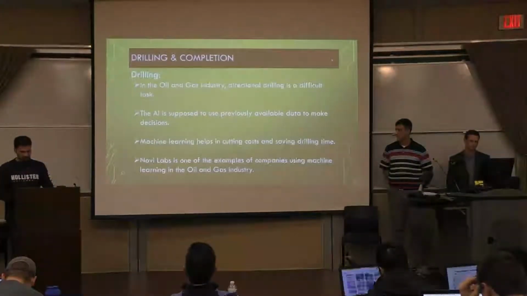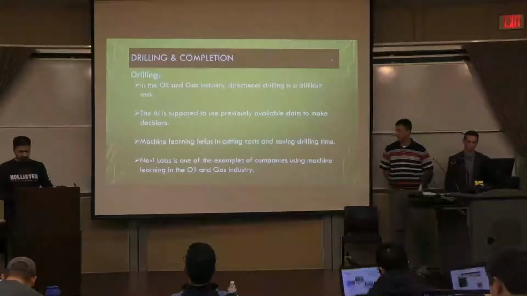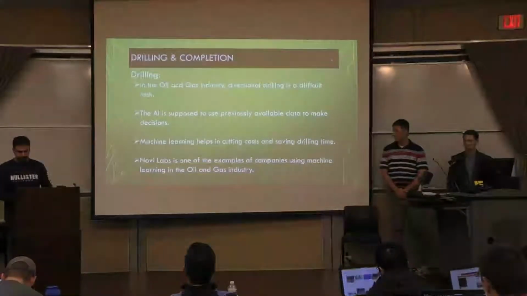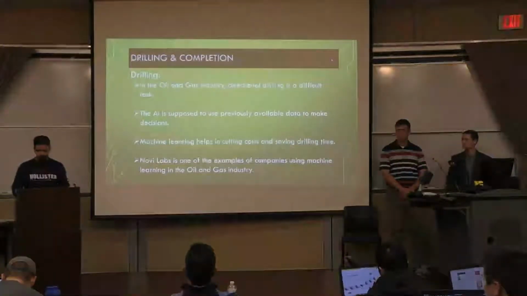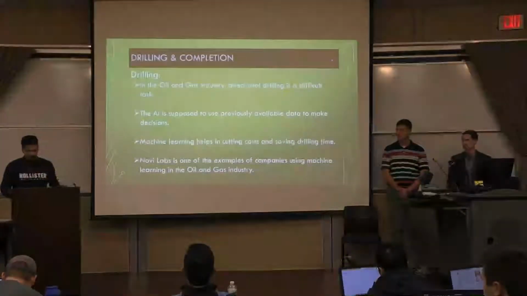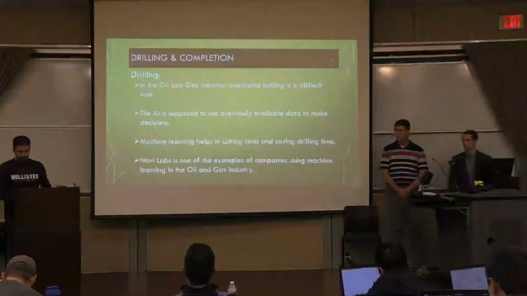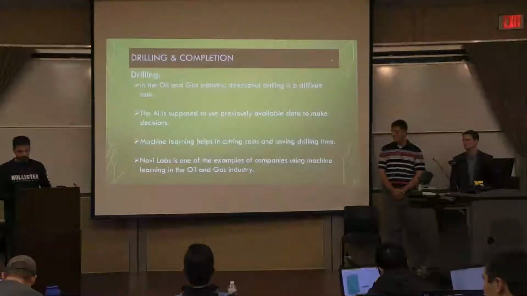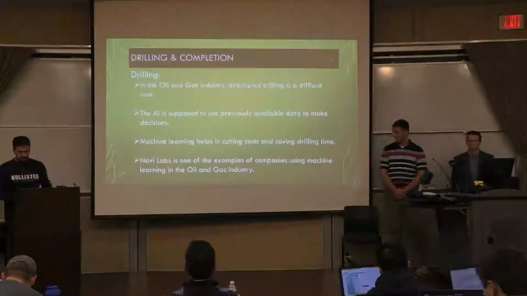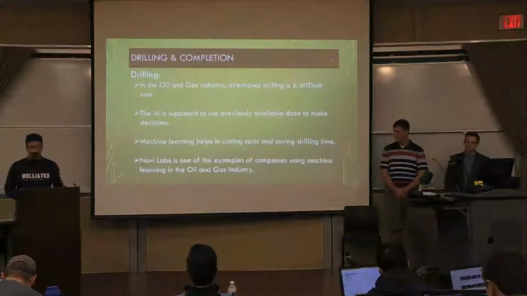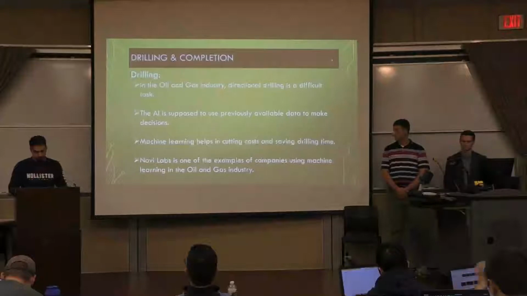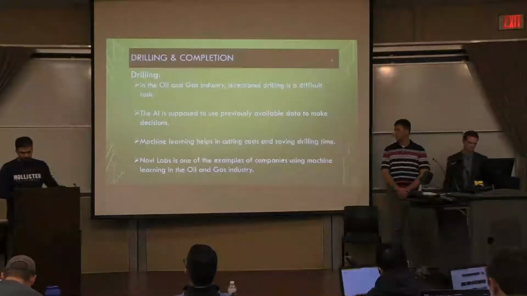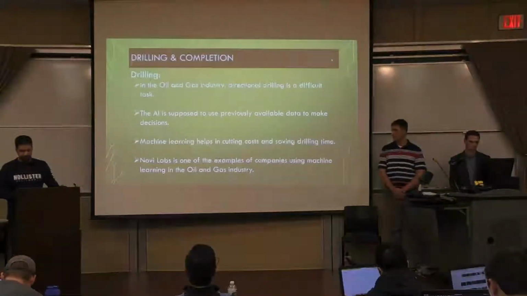The artificial intelligence is supposed to use previously available data to make decisions that lead to efficient side drilling. Additionally, machine learning helps in cutting costs and saving drilling time by allowing post-analysis studies. Therefore, machine learning has come to improve the traditional rate of penetration prediction methods.